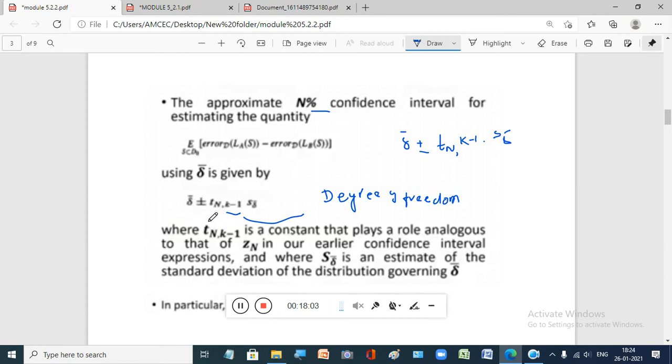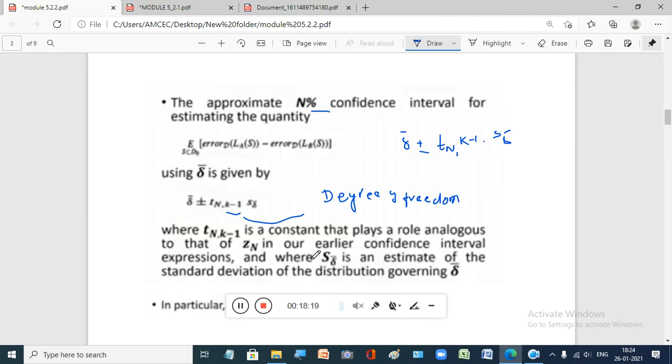This is similar to our Zn that we calculated in the earlier confidence interval.